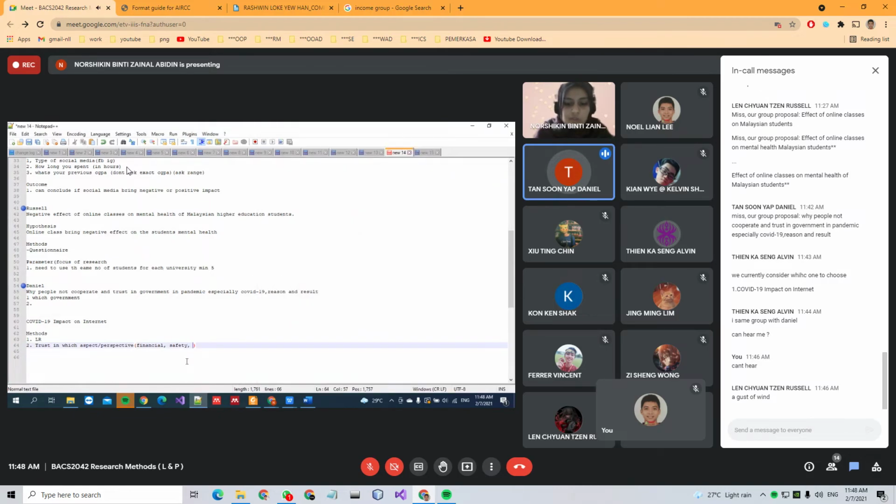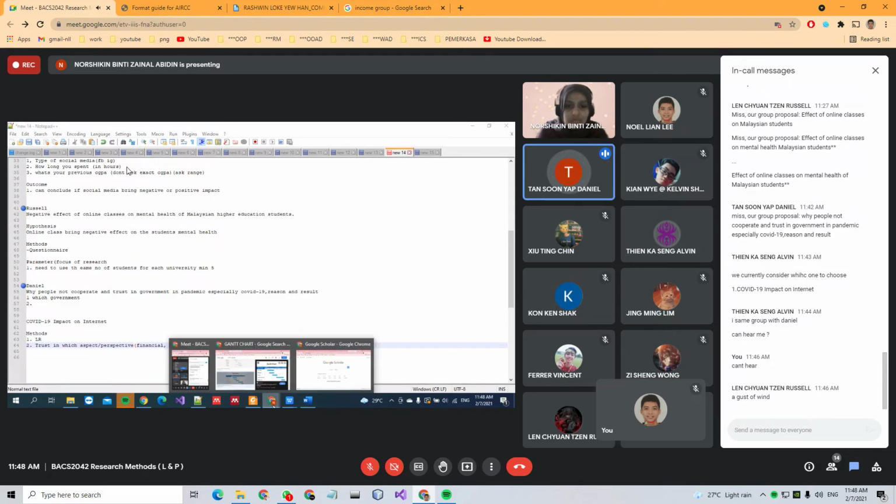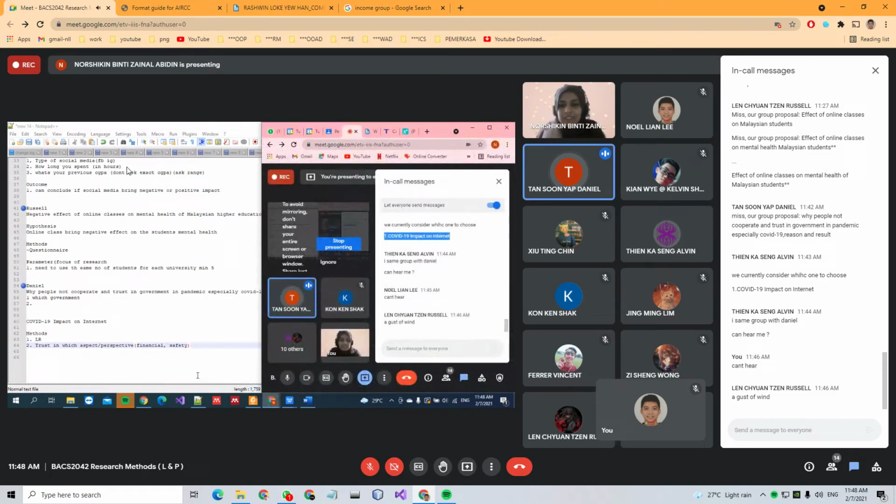We already in Malaysia, we already have PKP. The first PKP can be considered as quite successful, but later on, the second, the third, and the fourth. Now currently we are in PKP 4. It's very terrible, about the cases of people getting COVID, getting more and more.